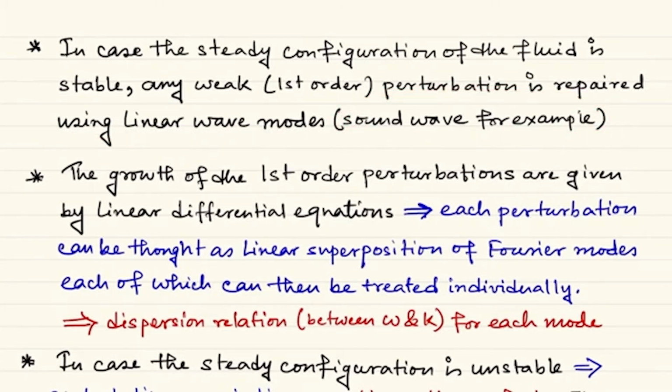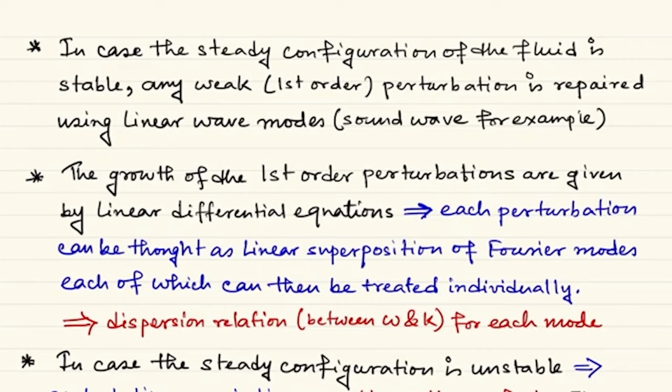The growth of the first order perturbations is only given by linear differential equations. What is the advantage of that? If we have a weak perturbation with respect to a steady configuration, then we call that configuration steady and stable.